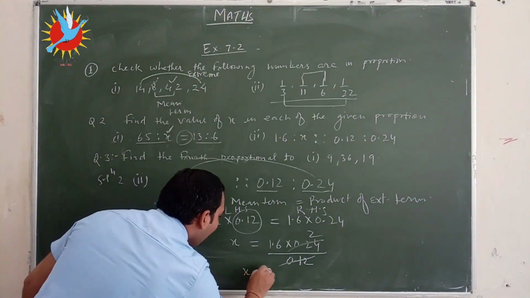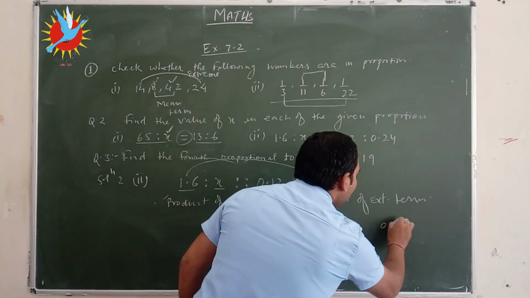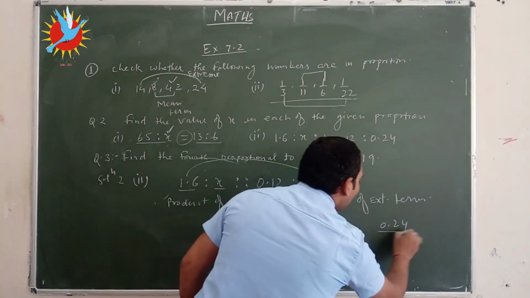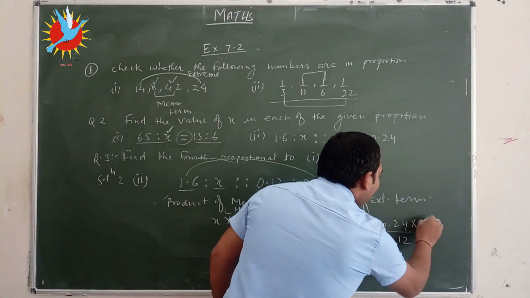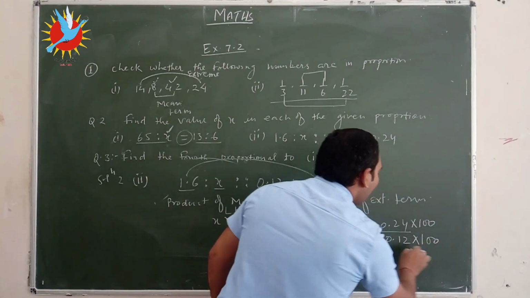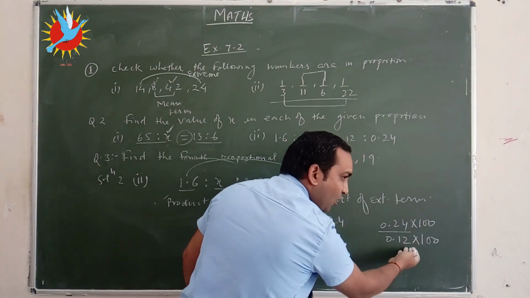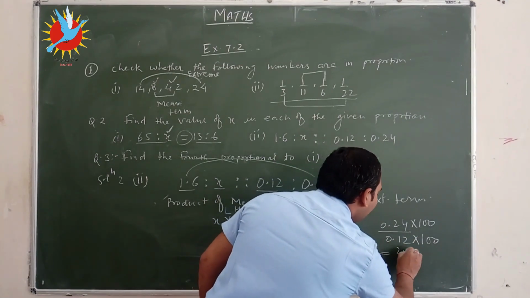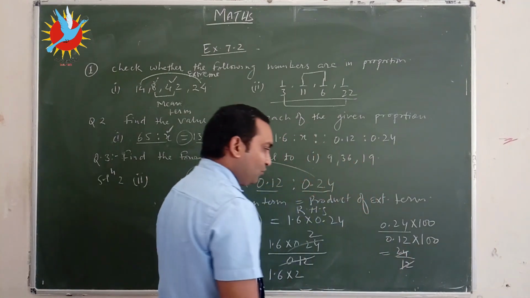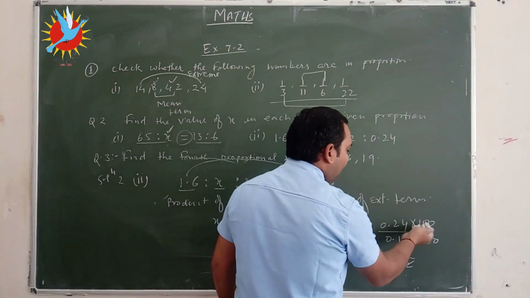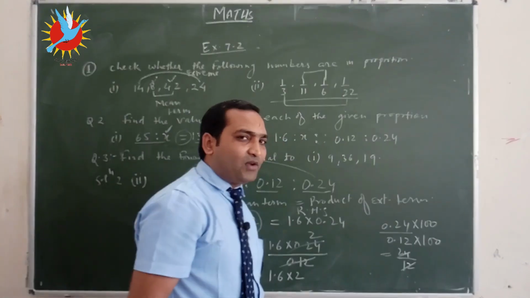Or the value of x is 1.6 into 0.24 upon 0.12. Either we multiply by 100 to make them whole numbers: 0.24 into 100 upon 0.12 into 100, it will be 24 upon 12. You know how to multiply any number by 10, by 100 or any power of 10.